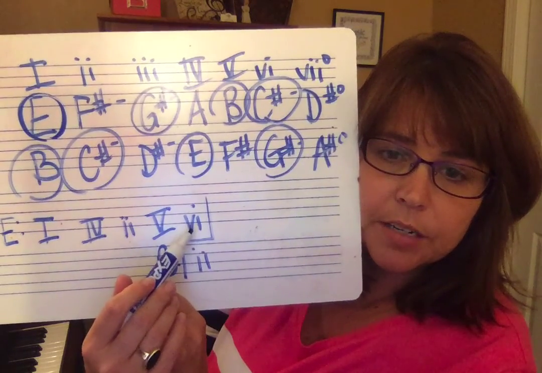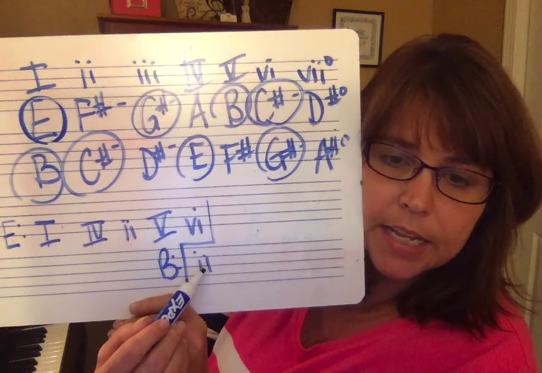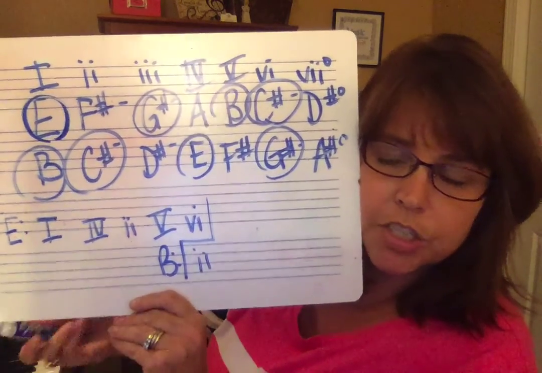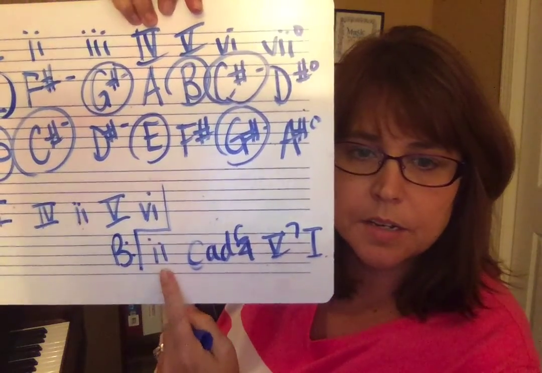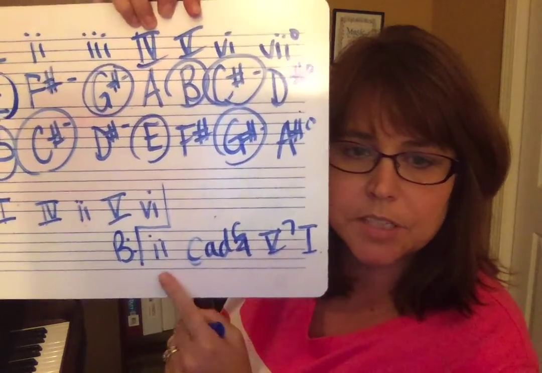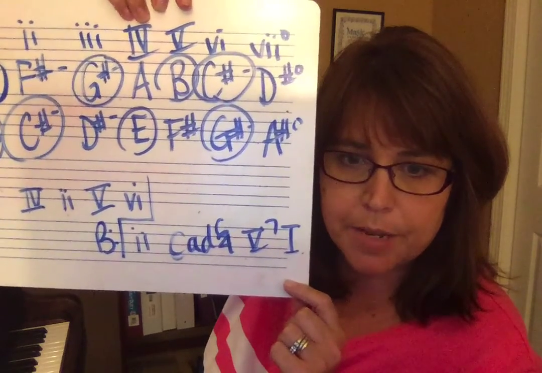C sharp minor right here is going to become C sharp minor in the key of B. C sharp's functioning as the 2. So then I'm going to cadence this one on out. And I'm just going to use a cadential 6-4 because that's a pretty strong cadence. But from this point on, I'm going to have to include A sharps because I'm in the key of B by that point.